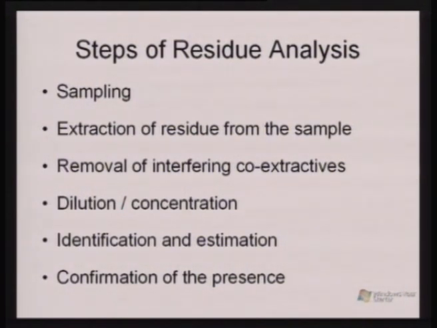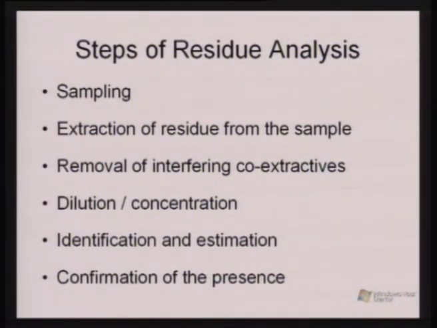Sampling is very important because whenever we are doing any pesticide residue analysis, we are working at a very low level, maybe in milligram per kg, or most of the time in microgram per kg. Working at a microgram per kg level is not very easy. Any improper sampling may end up with improper or insufficient results.